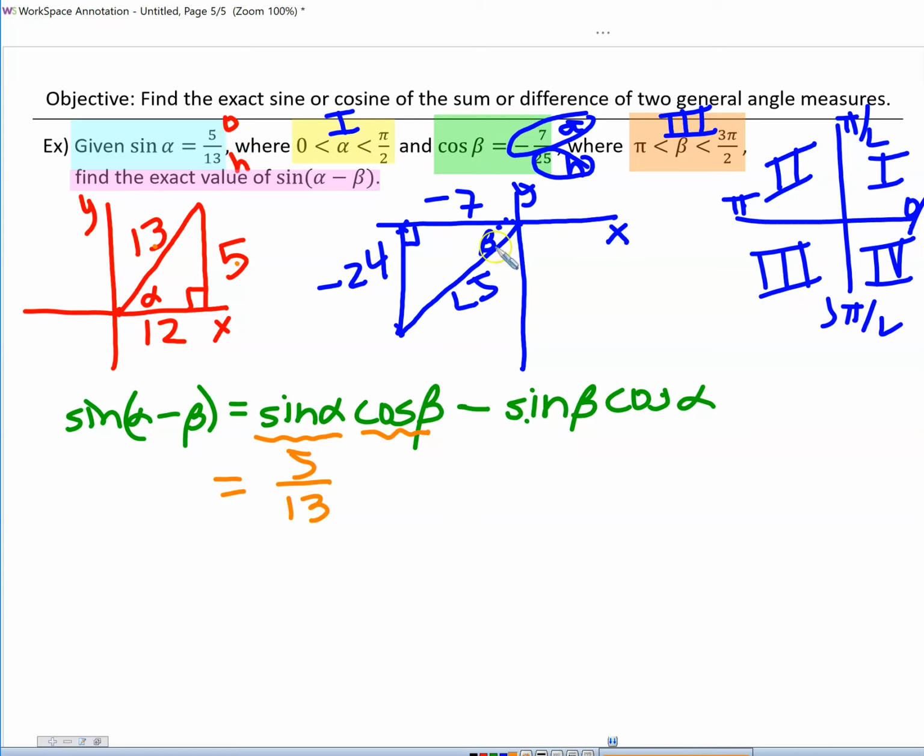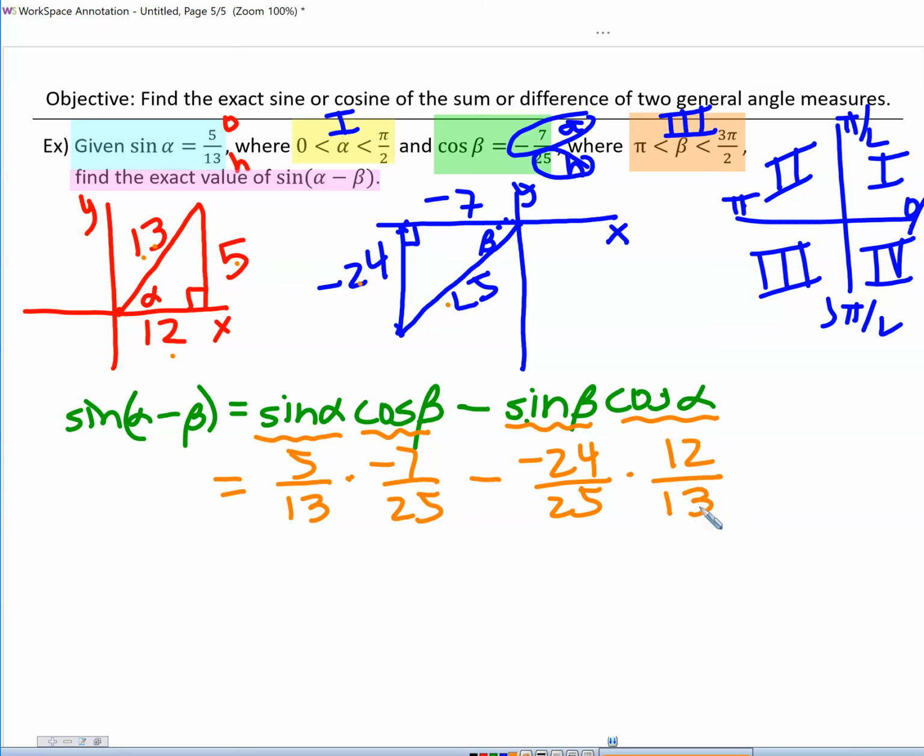Cosine of beta would be our negative 7/25, adjacent over hypotenuse. This is times negative 7/25. We have a minus. Sine of angle beta would be opposite over hypotenuse, so that would be negative 24/25, times cosine of angle alpha, adjacent over hypotenuse, which would be 12/13.